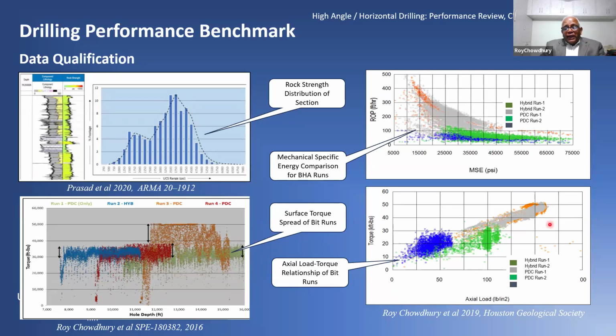Now, the one on the left is also extremely important. This is torque against axial load on the x-axis. What is axial load? Axial load is weight on bit per square inch. Why do we want to see per square inch? Because you could be comparing two wells drilling in the same rocks but with different hole sizes.